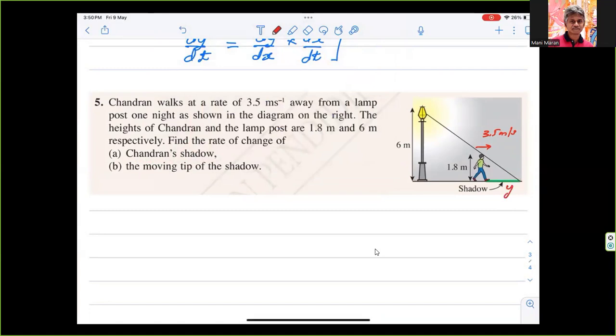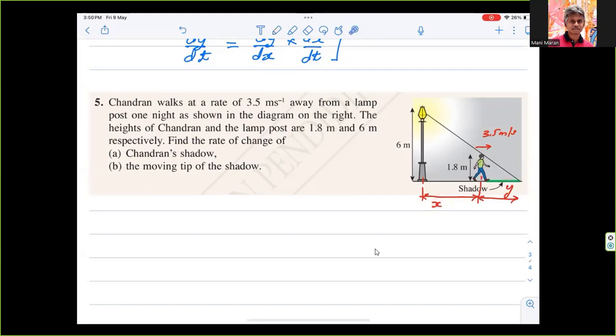The position of Chandran from the lamppost, this distance becomes x. We are asked to find the rate at which y is changing, so we need to relate x and y.